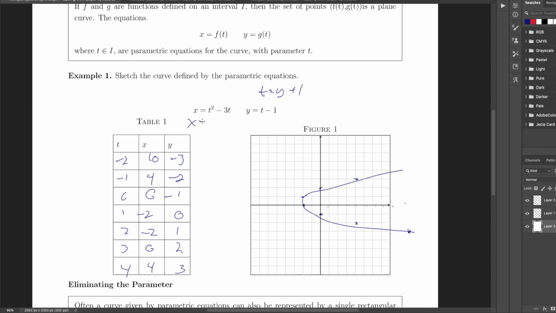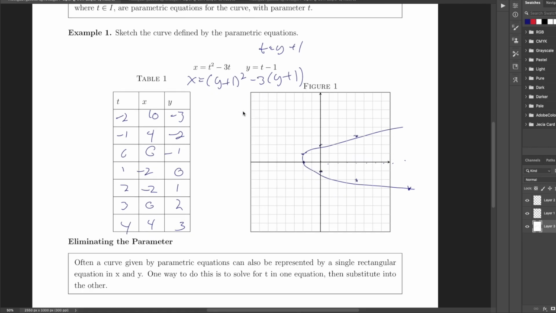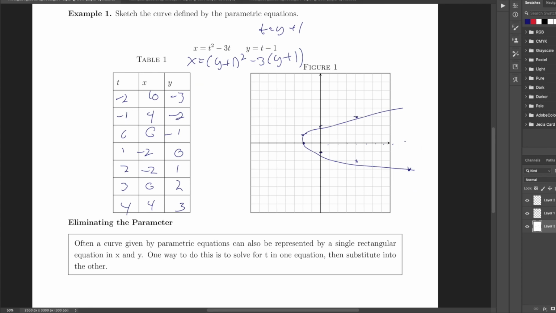So we'll have x equal to (y plus 1) squared minus 3 times (y plus 1). And now if we simplify this, if you just do the math, it's y squared minus y minus 2. Okay? And so here we have x written as this, and we can also graph that.